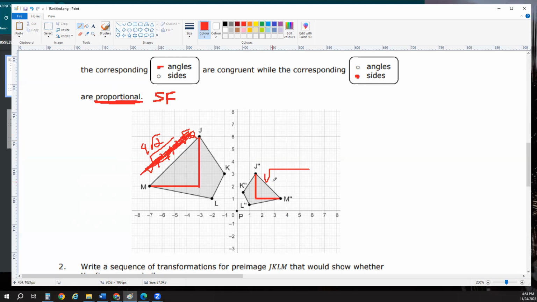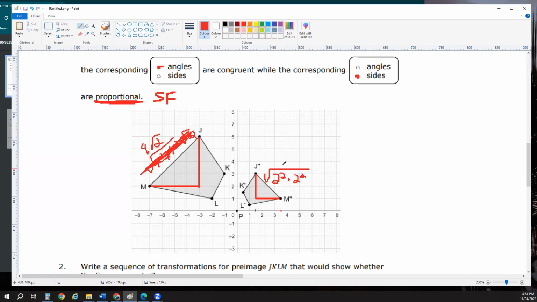So anyway, so this is 1.5. This is 3.5. So that is 2 squared. And the distance of this is 1 and 3, that's plus 2 squared. So that is 4 plus 4, which is 8.